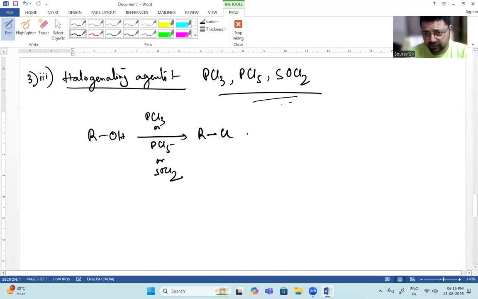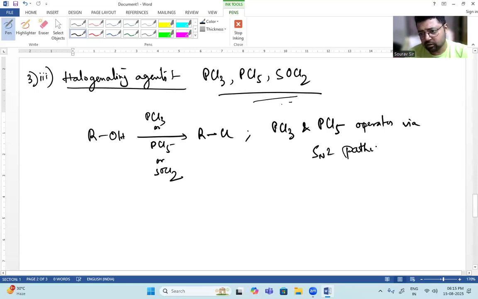Now, PCl3 and PCl5 operate via the SN2 pathway, but SOCl2 does not.